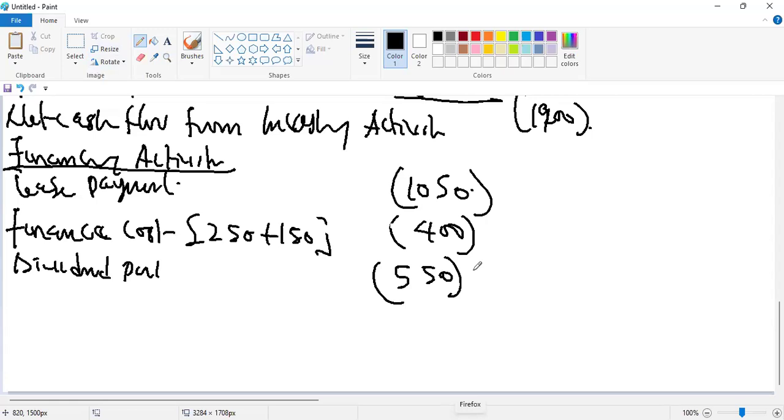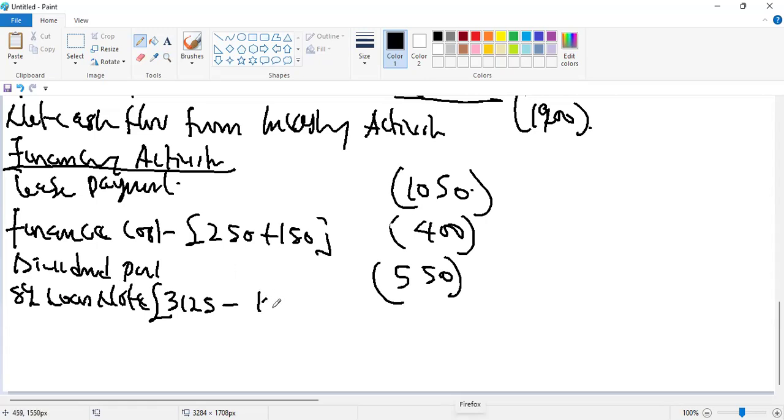Non-current liability, loan. Does he have loan in the non-current liability? Let's check. Yes, 8% loan notes. At the beginning is what? 3,125. At the end, 14.